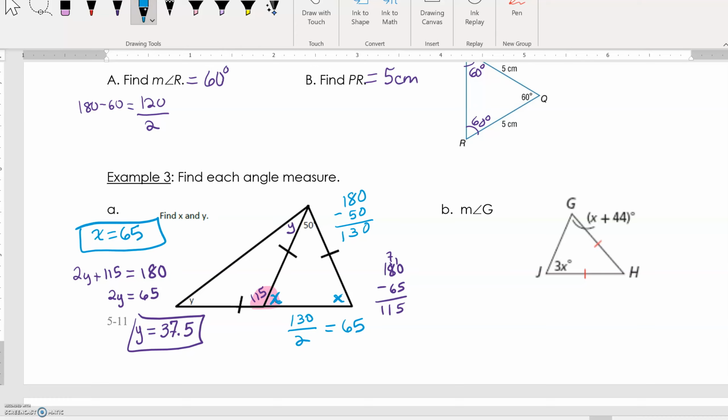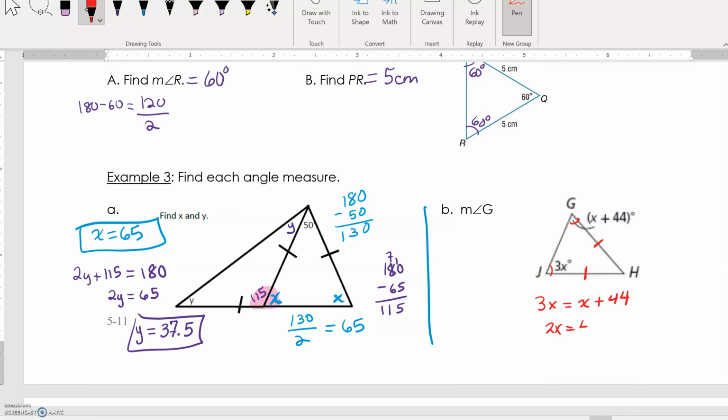Okay, now let's look at this next example. This is an isosceles triangle, which means that angle J and angle G are congruent. So those two expressions have to be equal because their measures would be equal.